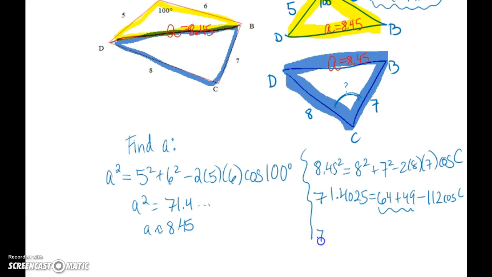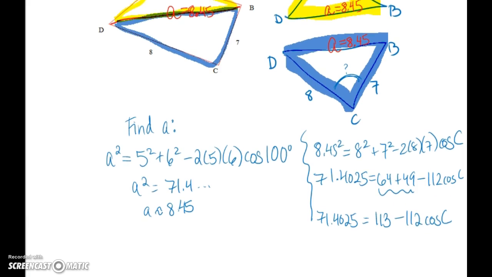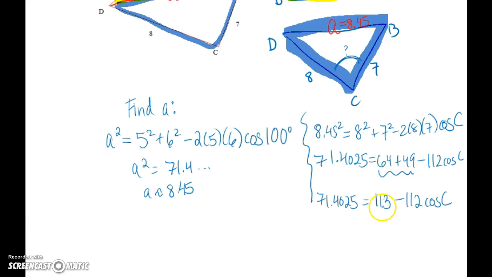Add the 64 and the 49 together and get 113 minus 112 cosine C. Now don't make the mistake of subtracting 112 from 113. You actually need to subtract 113 from both sides of our equation.